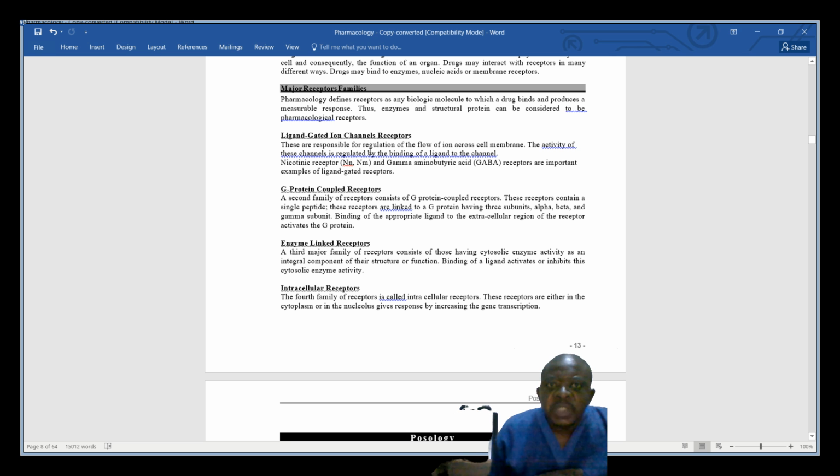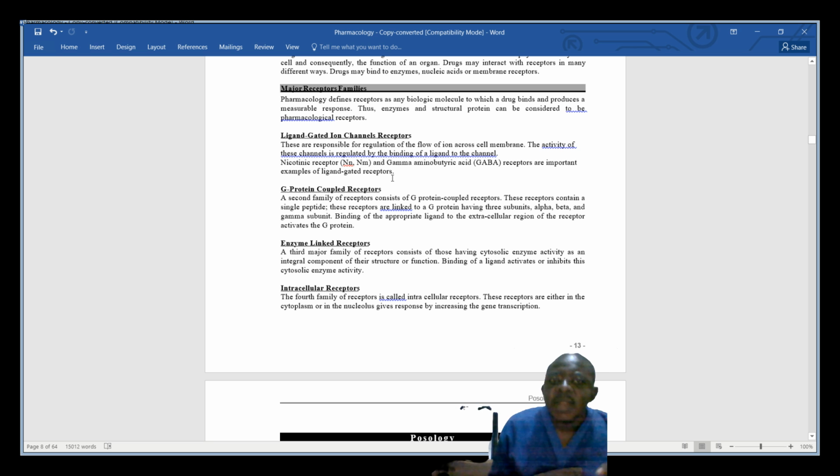So these are responsible for regulation of the flow of ions across the cell membrane. The activity of these channels is regulated by the binding of a ligand to the channel. So nicotinic receptors and the gamma aminobutyric acid, abbreviated as GABA, receptors are important examples of ligand-gated ion channel receptors.